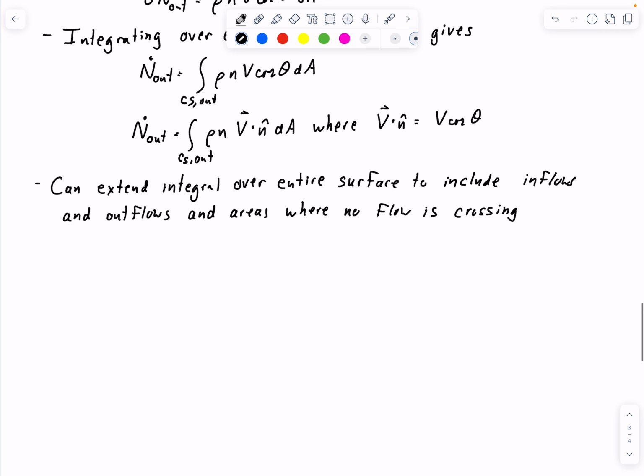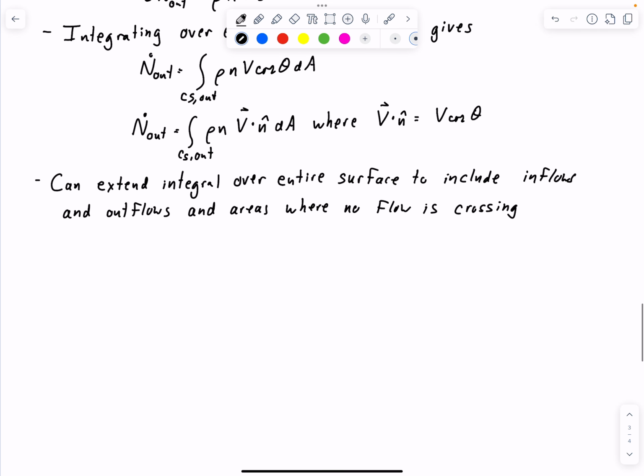And the reason we can do this, we can write this term as the integral over the control surface of rho eta V dot n hat dA, as I wrote that before.